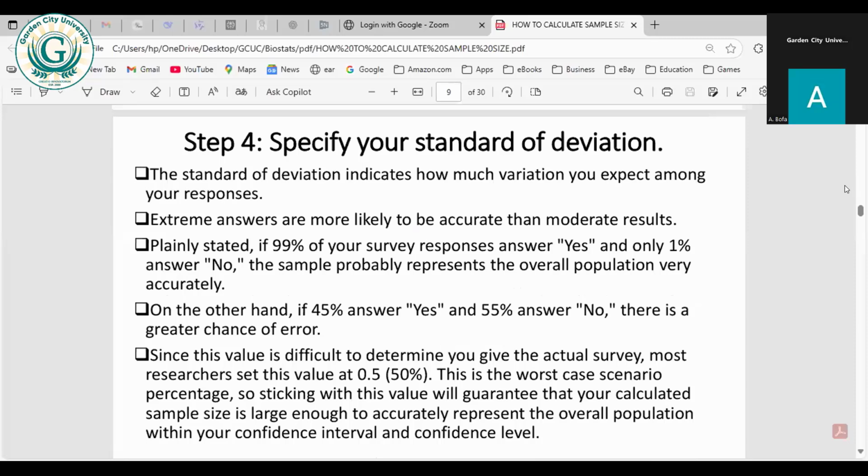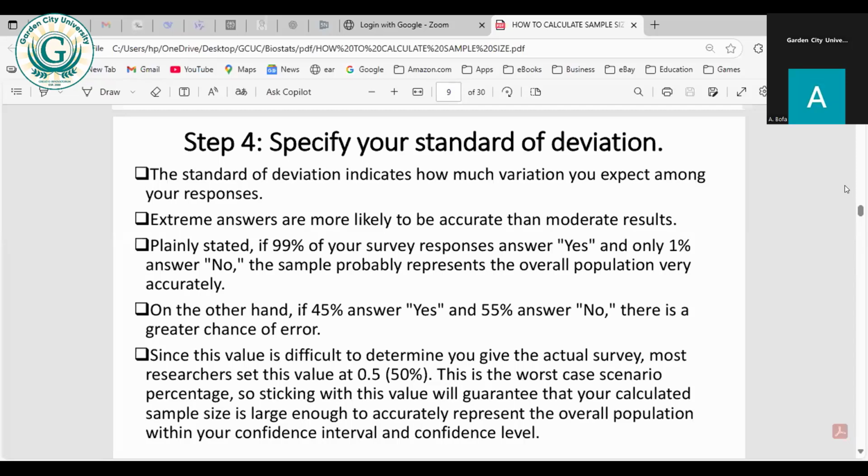The standard of deviation tells you how much variation you are going to have in your results or your research, or the percentage of individuals that are experiencing that phenomenon and those who are not experiencing that phenomenon. And that's what we call the standard of deviation.